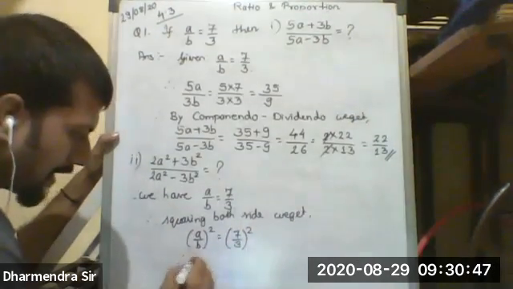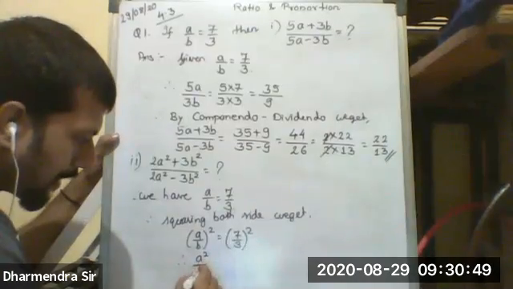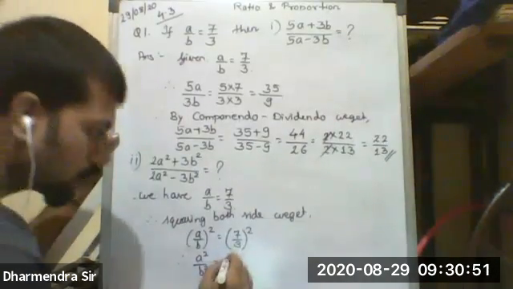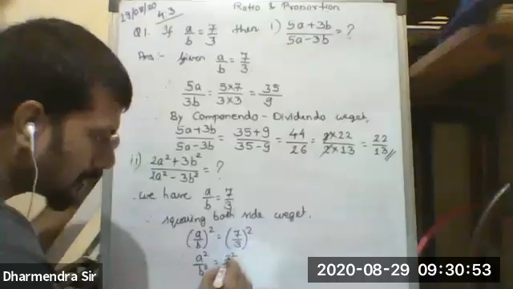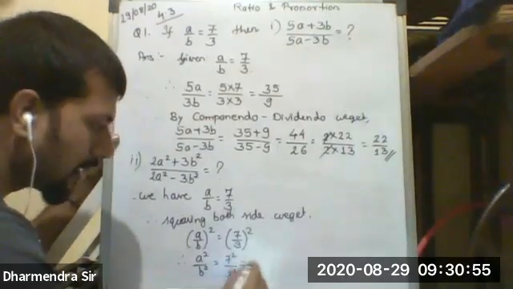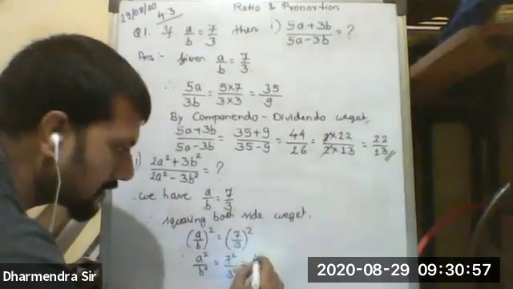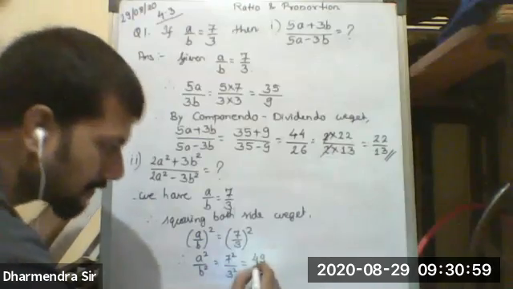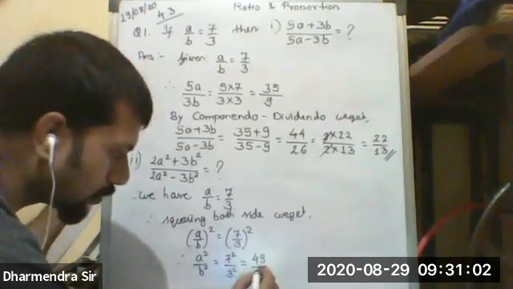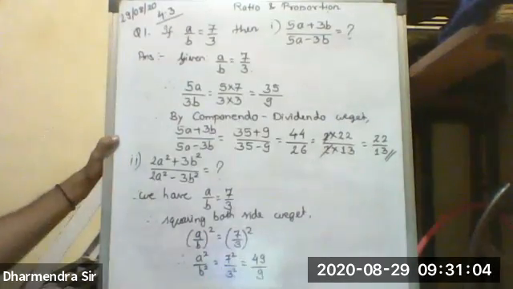So this can be written as a square by b square equal to 7 square by 3 square. You know that 7 square is 7 into 7, 49. 3 square, 3 into 3, that is 9.